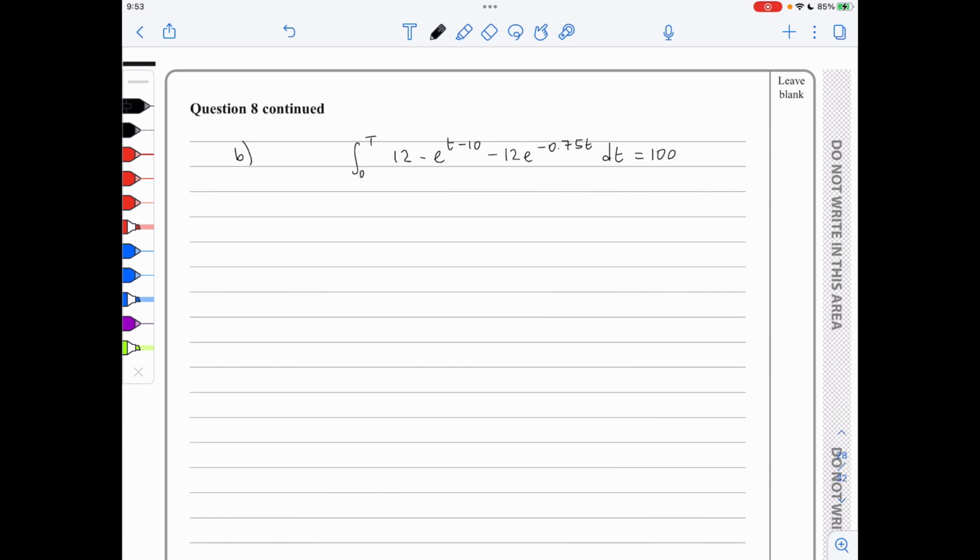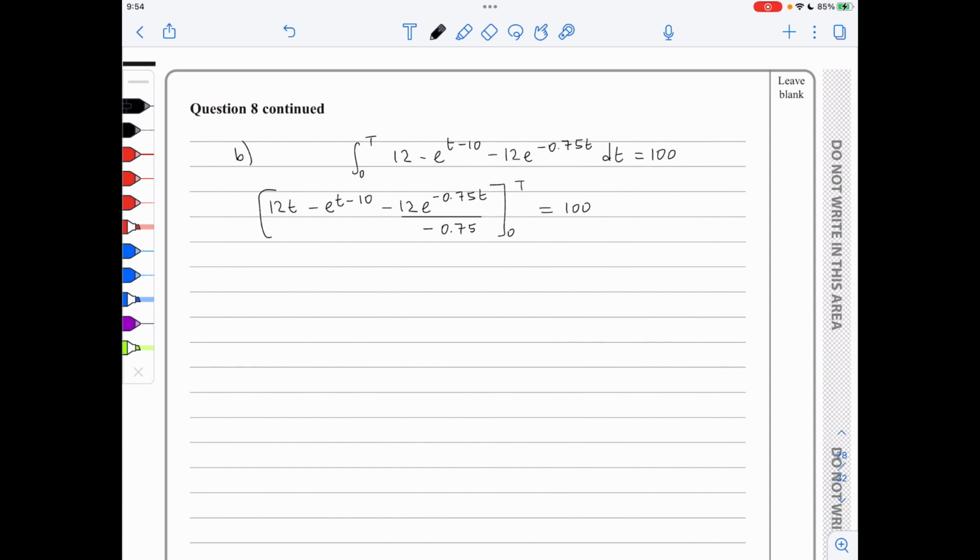So we start by writing out the integral. We integrate. 12 gives me 12t − e^(t−10) − 12e^(−0.75t) over −0.75 from 0 up to T, and this is equal to 100.